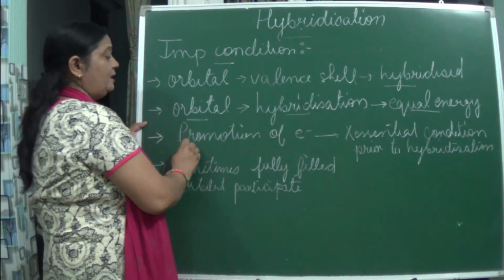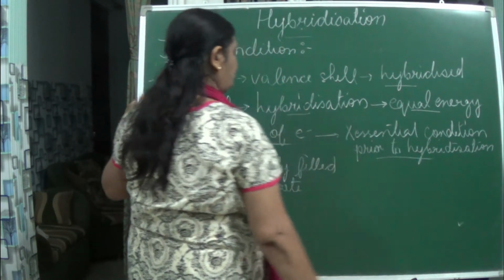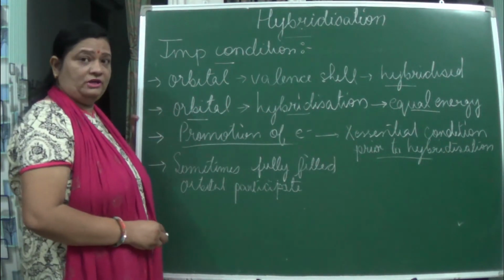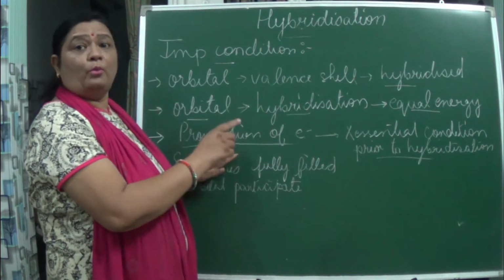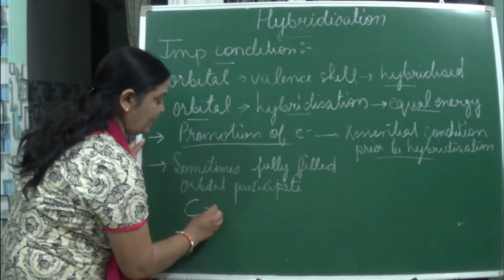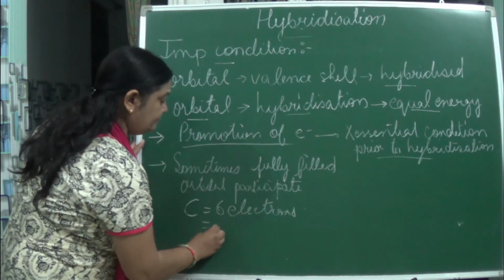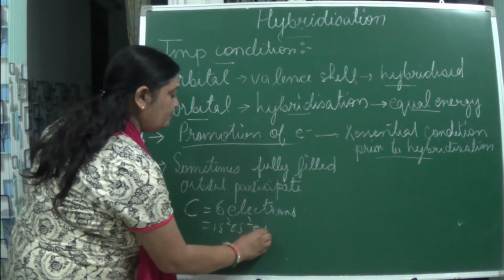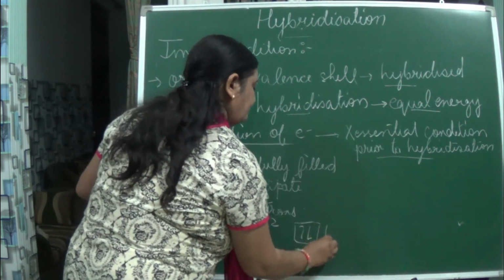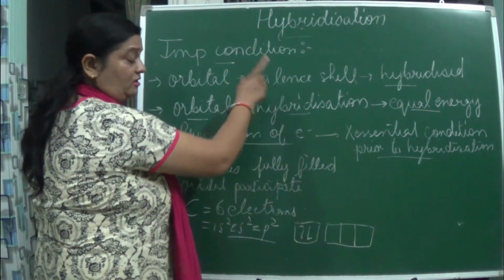Next, promotion of an electron is not an essential condition prior to hybridization. What does this mean? Suppose a methane molecule is being formed. I showed you that carbon has 6 electrons, with configuration 1s2, 2s2, 2p2, and we made the orbitals, focusing on the valence shell.